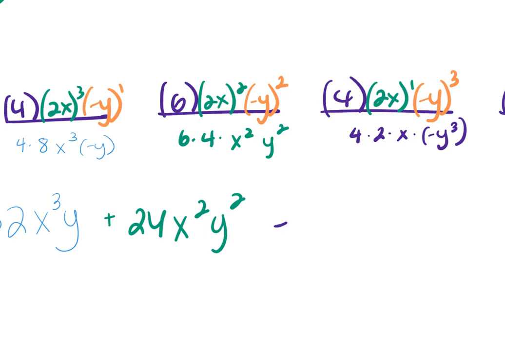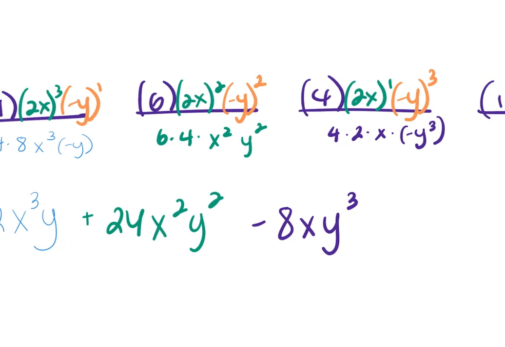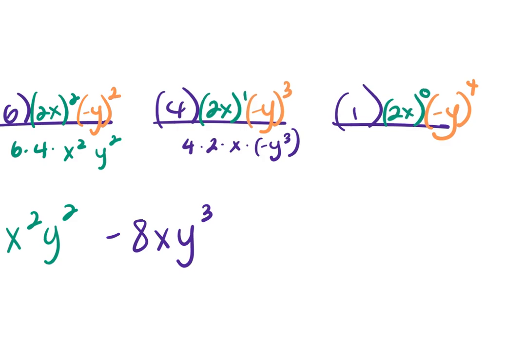And I get negative 8xy to the 3rd. And the last one, 1 times 2x to the 0 is 1 again. And negative y to the 4th is positive y to the 4th.